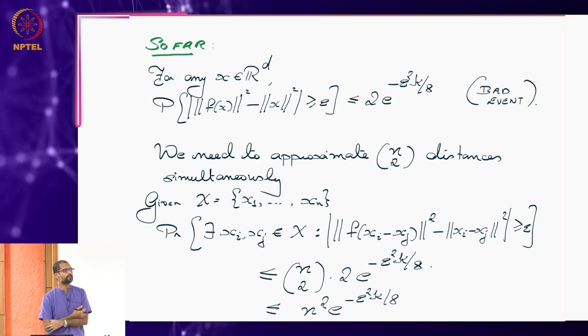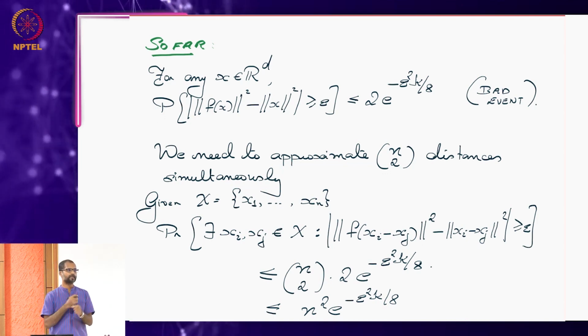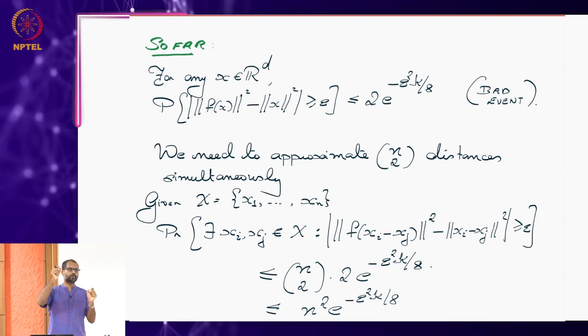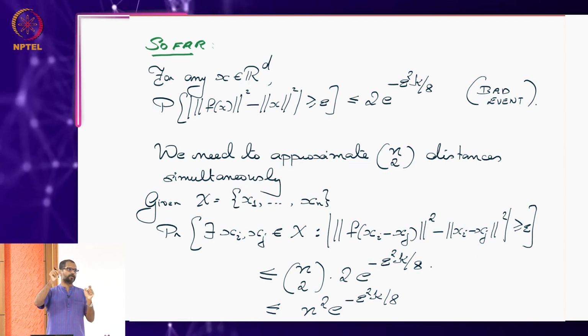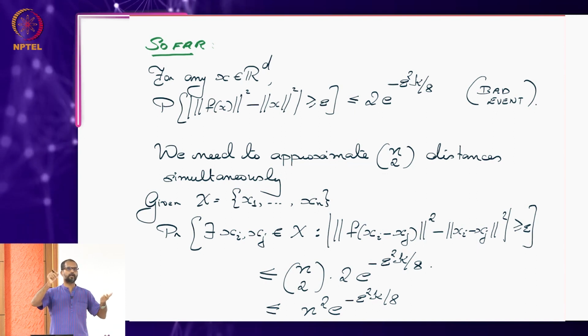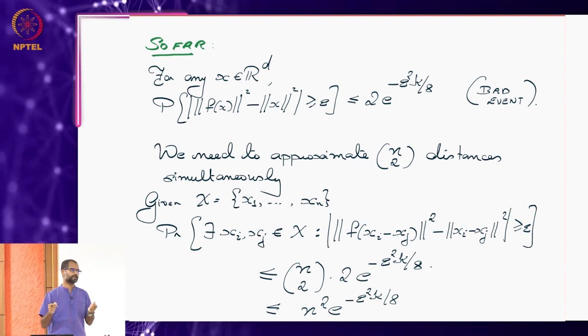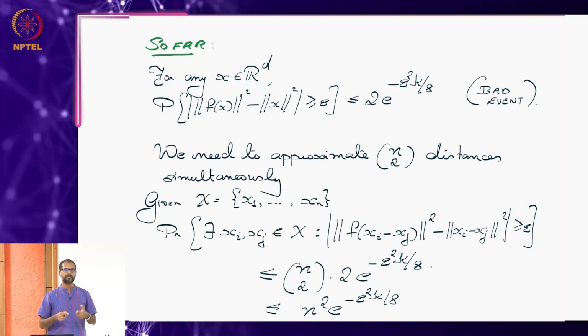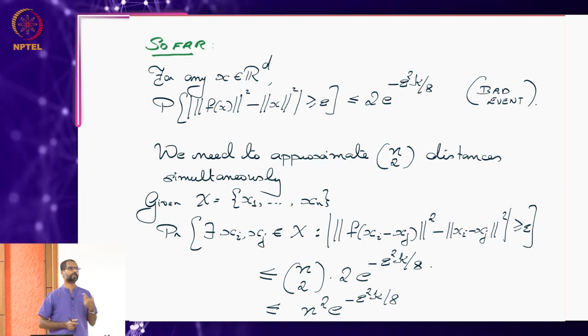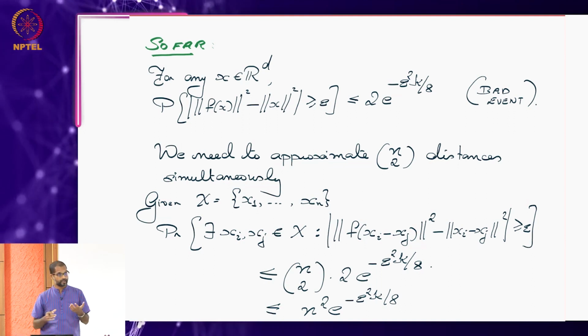So, here how many bad events can happen? Maybe the distance between x1 and x2 was not approximated correctly, that is one bad event. Maybe the distance between x1 and x3 was not approximated correctly, that is a second bad event. Similarly, you have n choose 2 potential bad events, right. In fact, they are not independent.